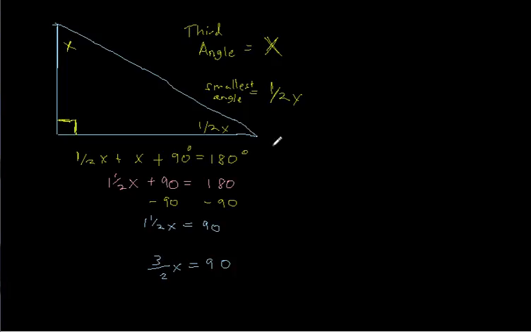Well, the only way to do it is to multiply both sides by the reciprocal of 3/2, which would be 2/3. 2/3 times 3/2, and also 2/3 on the other side.